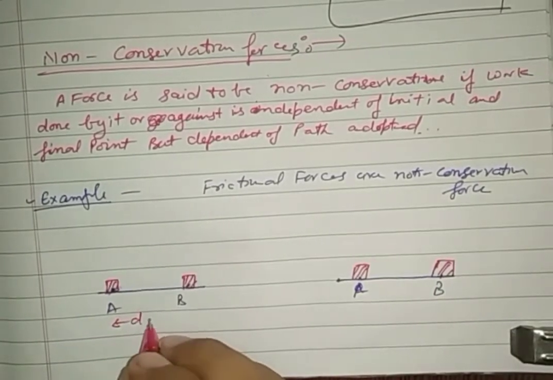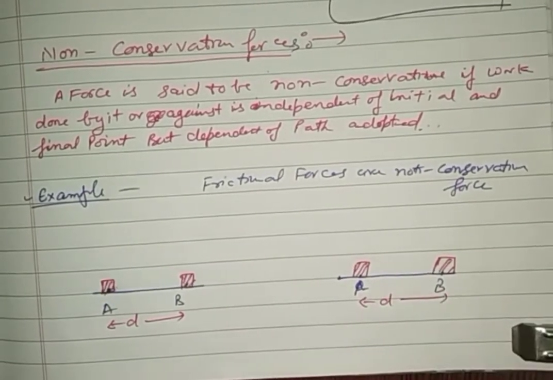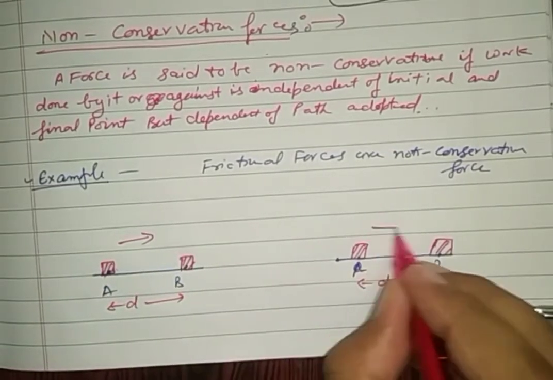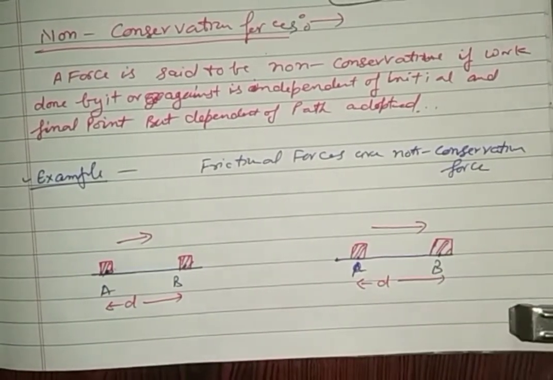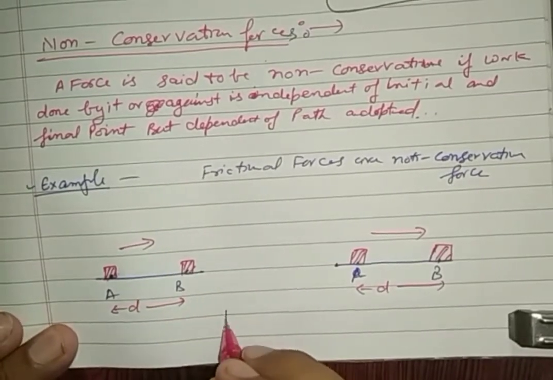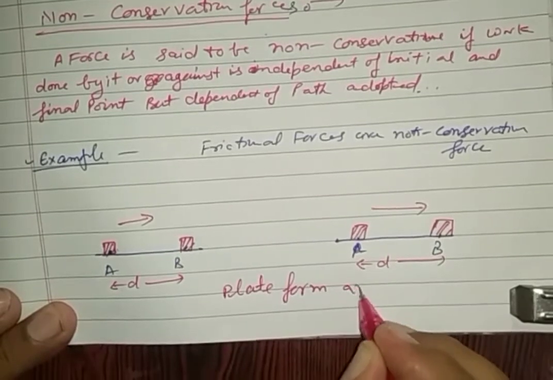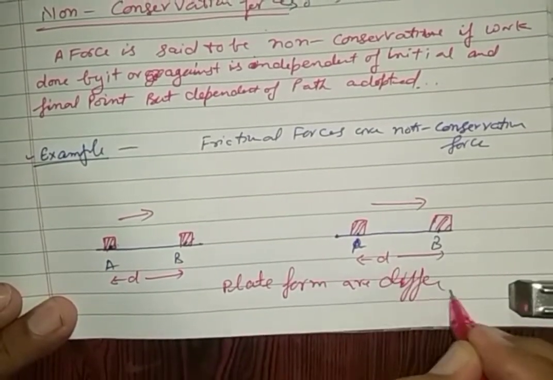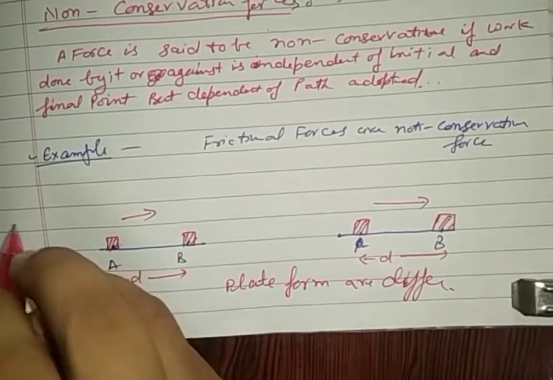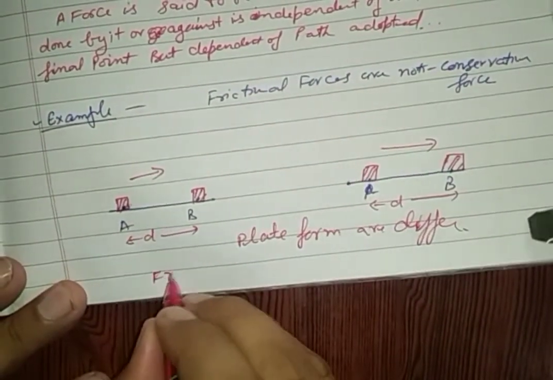The distance travelled is the same. It means the initial point and final point are the same. We are bringing it from A to B in both cases. See in the diagram, but the platforms are different. So if the platform is different, the coefficient of friction is different.